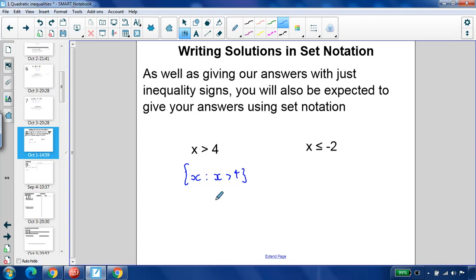And this reads as the set of all values x for which x is greater than 4. Over here, we're going to do the same thing. So x, semicolon, x is less than or equal to -2. And again, that can be read as the set of all values x for which x is less than or equal to -2.